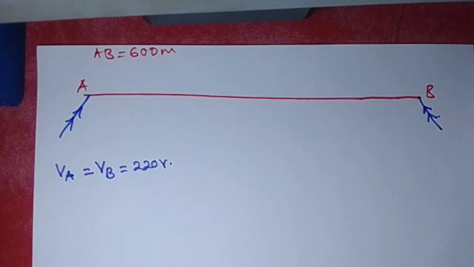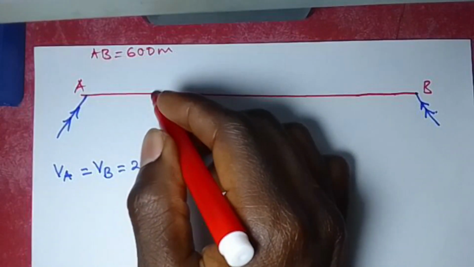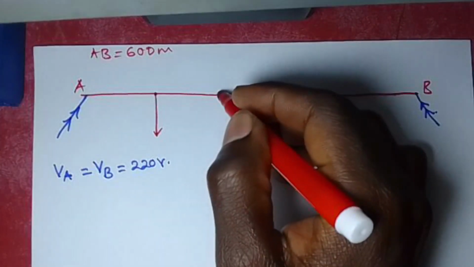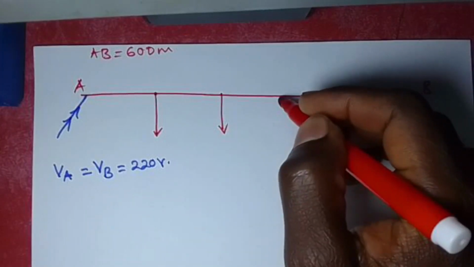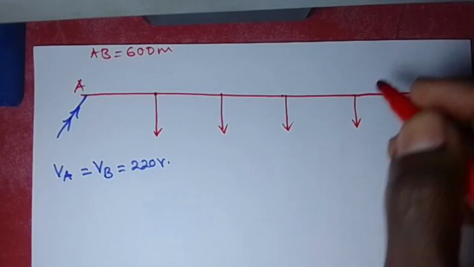So it's saying loads of 20, 40, 50 and 30 amps are tapped along the distributor at those respective distances, as you can see. I'm going to tap off my loads: load 1, load 2, load 3, and load 4.